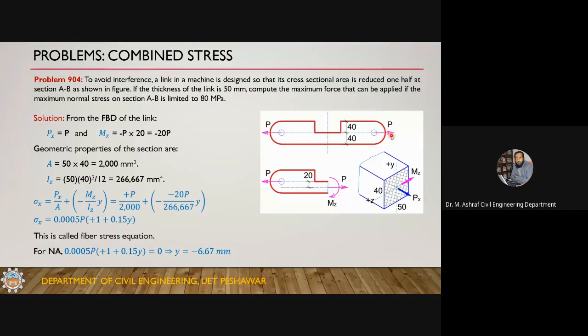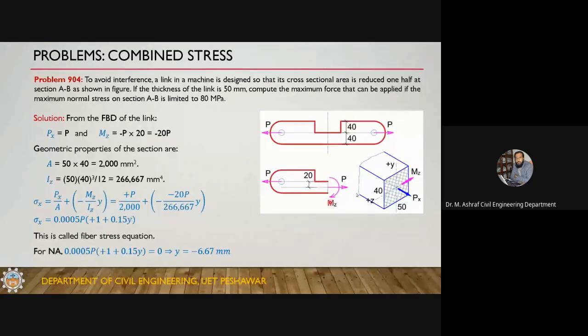Okay, so in this case, stress is given to you, and you will have to calculate the P, the force applied on this section. So just like if you cut, this is section AB. If you cut the link here and draw the free body of the left side, horizontal force equilibrium requires, now the centroid of this cut section is here.